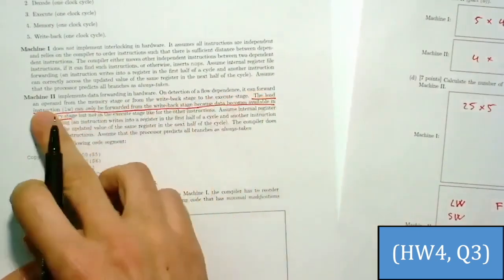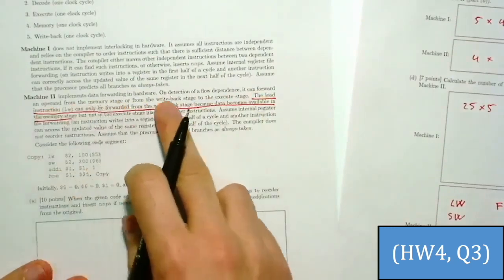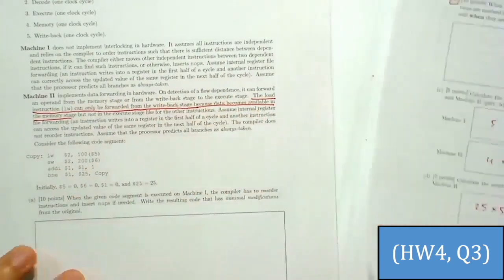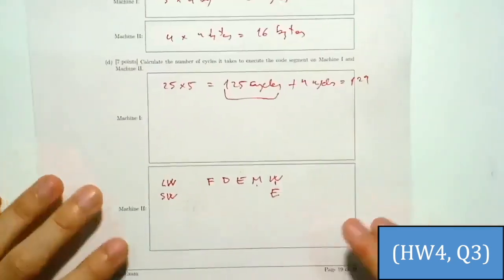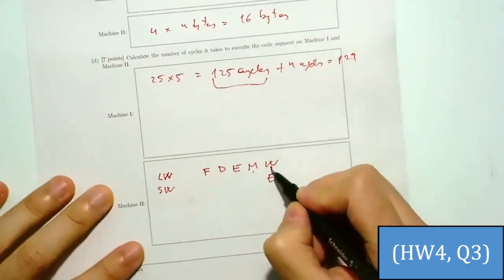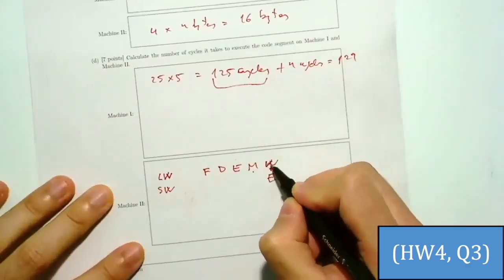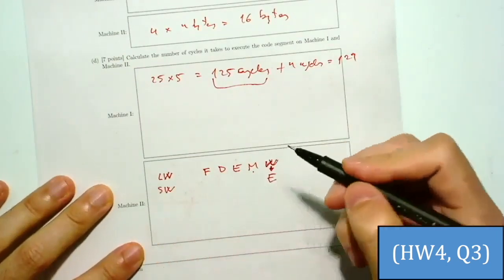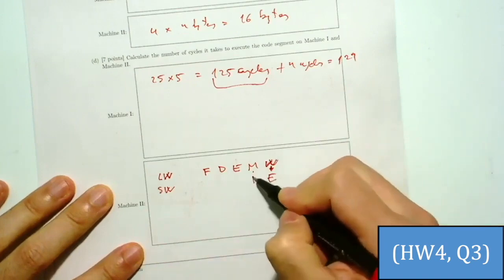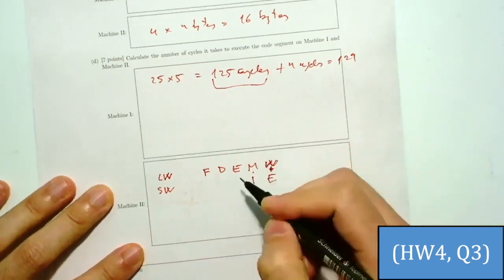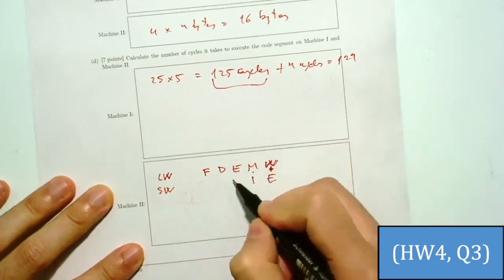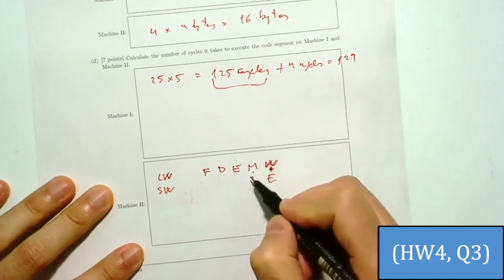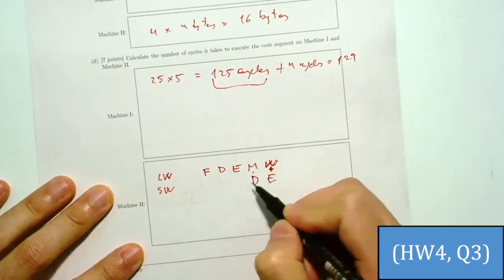The forward from the memory or write-back stage to the execute stage. So this data can be forwarded from the write-back stage to the execution stage directly, right? So we have this here. Yeah, we have the code.